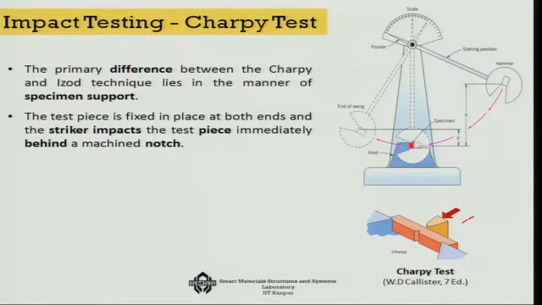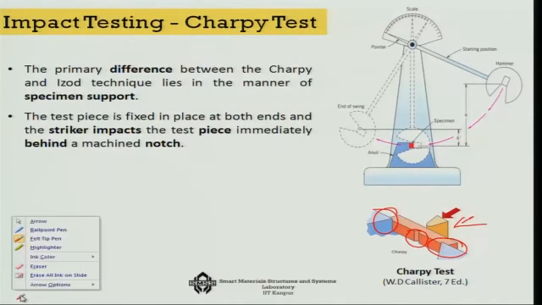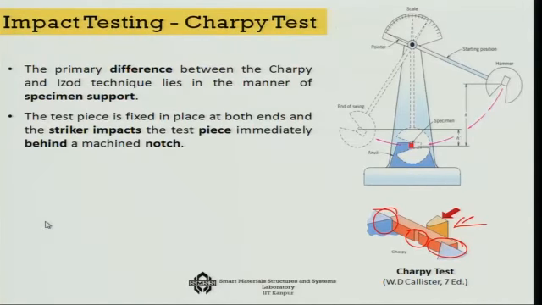In terms of Charpy, as you can see, on the other hand, the notch is at the opposite side of the hammer. So, that is one of the differences between the two, and also in a Charpy test, you are supporting the material at two places instead of one location. But both of them are very good tests which can measure how much energy a material can absorb, and that means how tough the material is, and that means how much impact strength is there in the material.